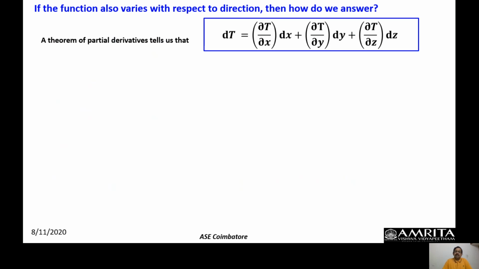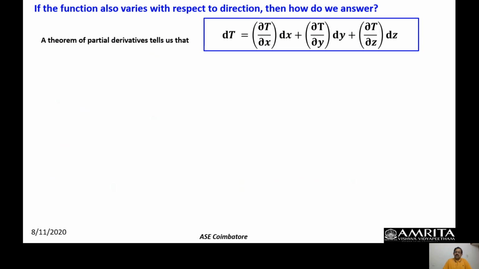So dT, the change in temperature, is given by dou T by dou x multiplied by dx, plus dou T by dou y multiplied by dy, plus dou T by dou z multiplied by dz. This is the total change in temperature when I move along the x, y, z directions.